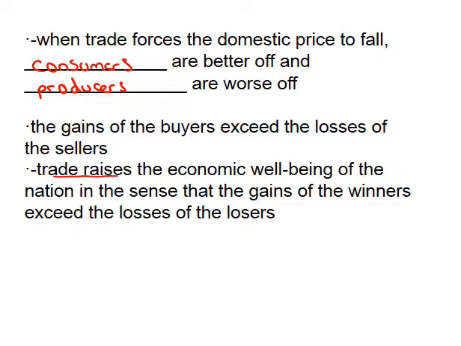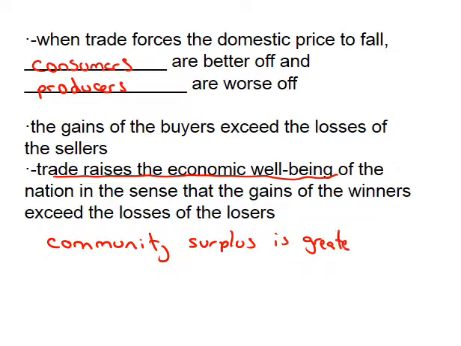And again, trade raises the economic well-being of the nation in the sense that the gains of the winners exceed the losses of the losers. Or in other words, we can say that the community surplus is greater. And a reminder that in an economy, you have both consumers and producers, and since the community surplus is greater, we say that economic well-being has improved.